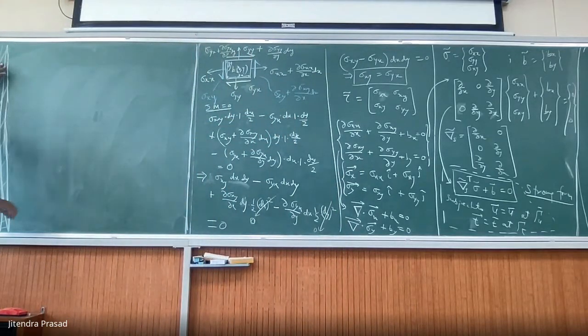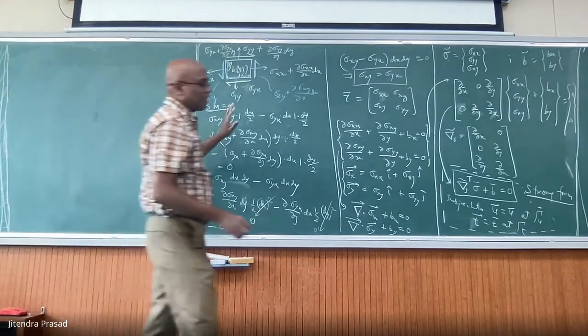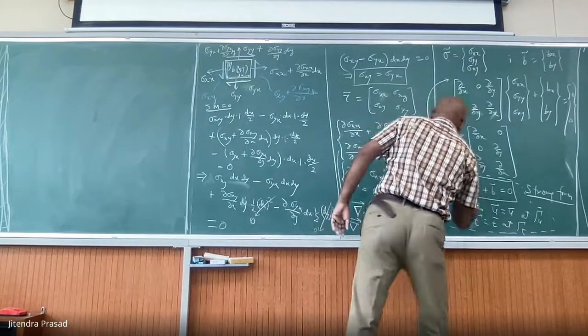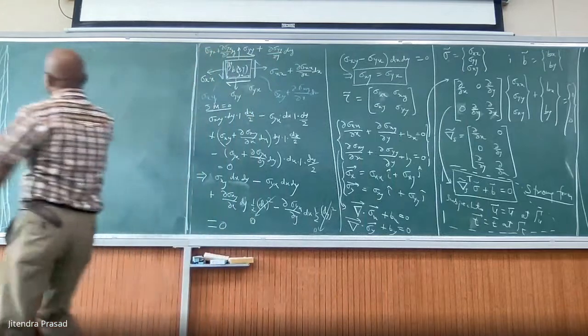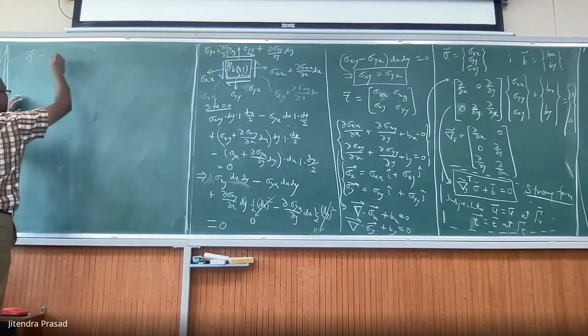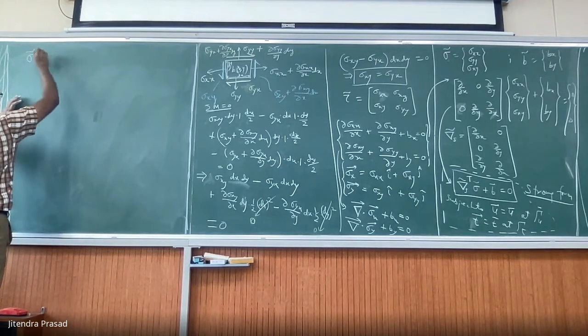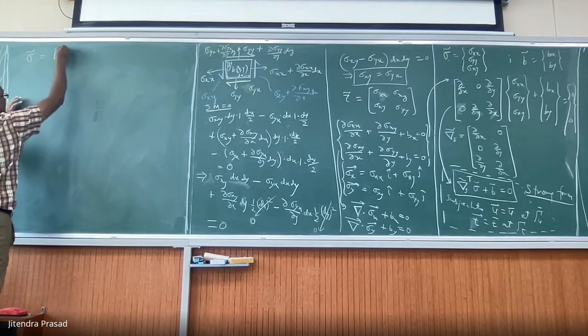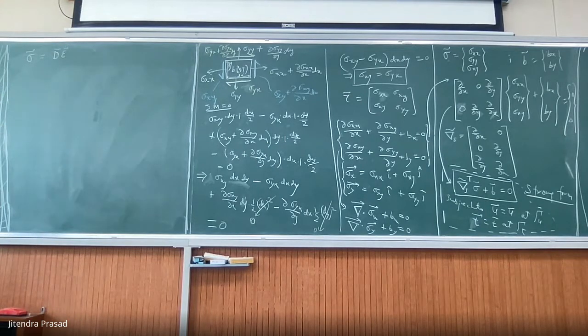Anyway, now coming to this sigma we are talking about. Sigma is related to the strain through a matrix we call D. Sigma equals D times strain, where D has to be a matrix.